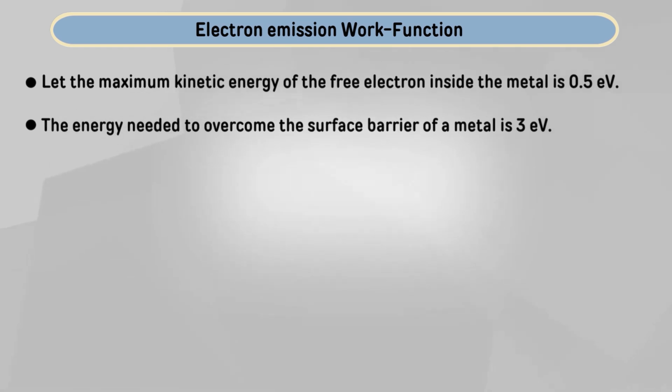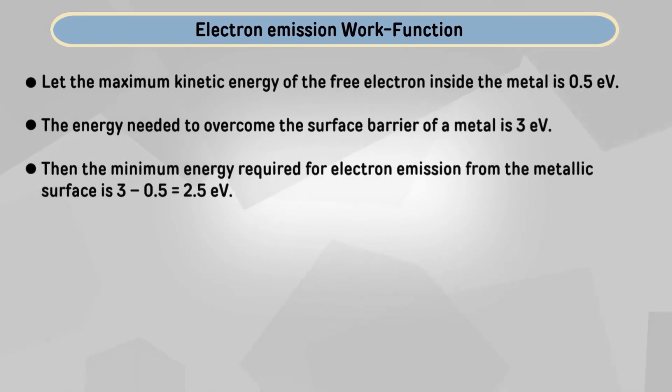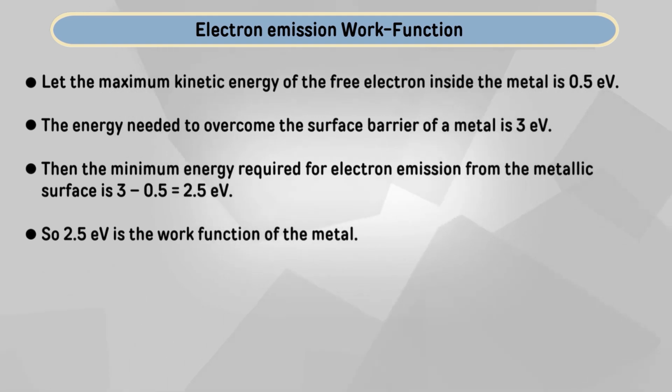The electron has 0.5 but needs 3 electron volts, so the minimum energy required for electron emission from the metallic surface will obviously be the difference of these two, that is 3 minus 0.5, which is 2.5 electron volt. This 2.5 electron volt is the minimum energy required to make the electron come out from the metal surface, and this is known as the work function.